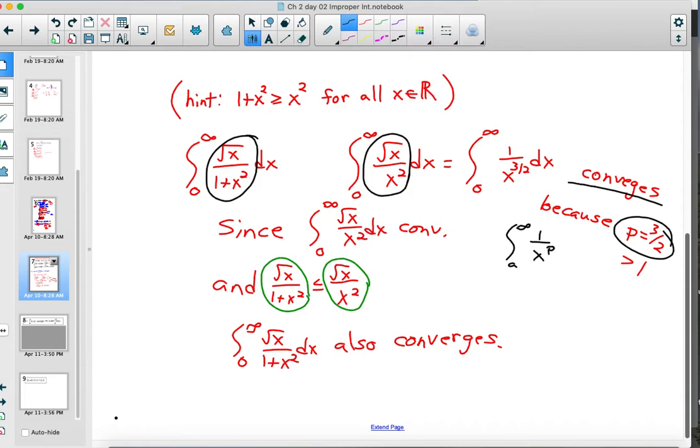And we learned that that one will converge when p is greater than 1. And in this case, p is 3/2, which is greater than 1. So that's how I know that this one converges. And since each term of that one is greater than or equal to each term of this one, therefore the integral for the original is also going to converge.